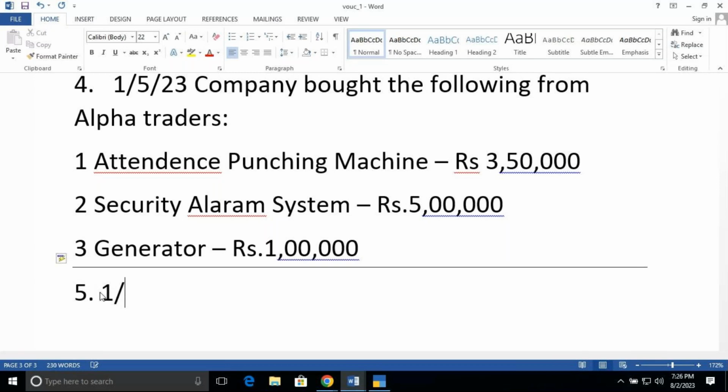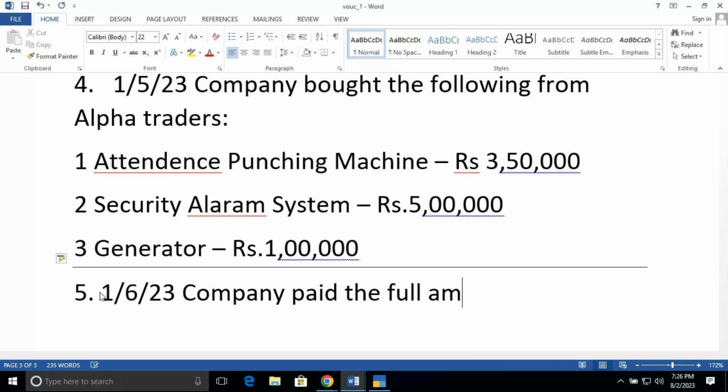I told you that Alpha has given a 30 days credit period. Company paid the full amount due by check.